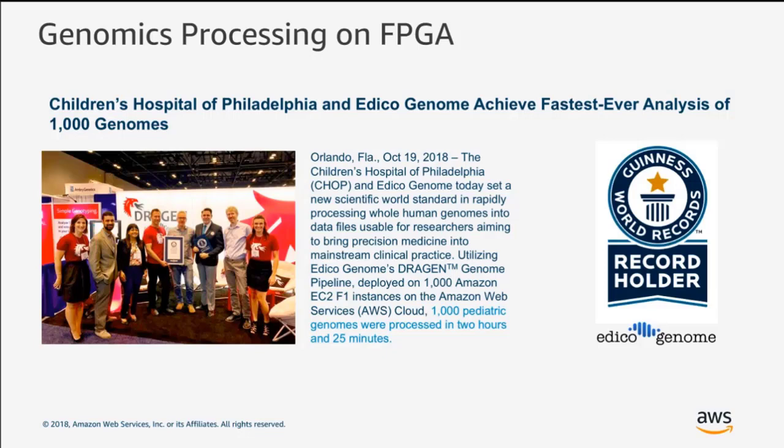And using the Dragon and the accelerated compute pipeline that it provides, Edico is the current world record holder for the speed with which a number of genomes have been processed. And this particular record is against 1,000 pediatric genomes, which were processed in just about 2 hours and 25 minutes.